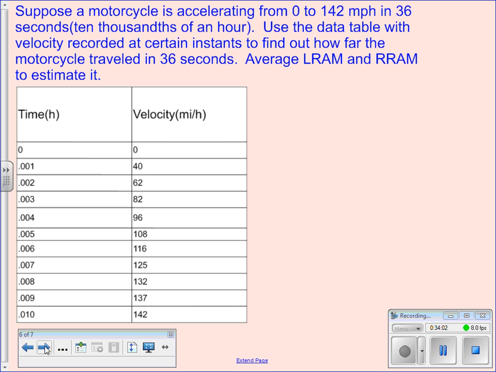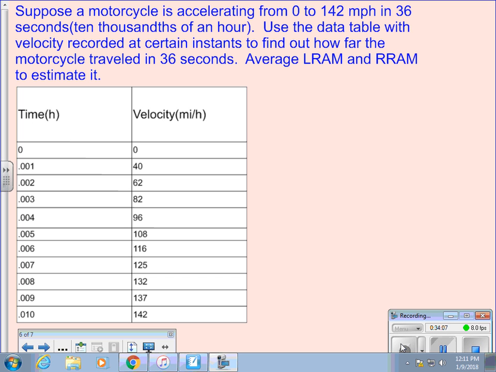Okay? So please take a moment to copy this table. Okay, so graphically, if we wanted to look at this graphically, and this is just a rough estimate, it kind of looks something along those lines. I don't know exactly. I'm not trying to find an equation to match this. It's more work than I want to do.